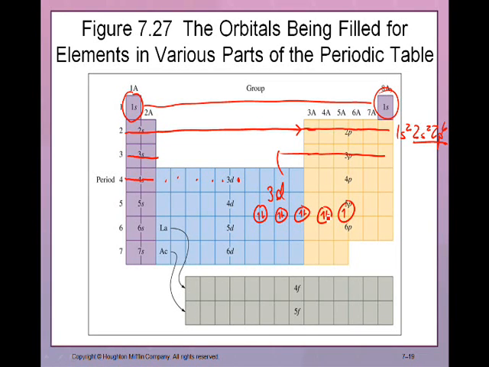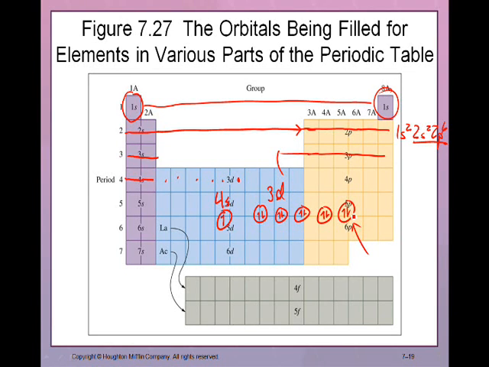And so we would expect that copper would look something like this, so that there would be a 4s with 2 electrons, and then the 3d would have 1 spot right there empty. Well, it turns out that it's much more stable if one of these electrons from the 4s level jumps out here and completely fills the 3d sublevel. So there are some exceptions to this building up process that we've looked at.